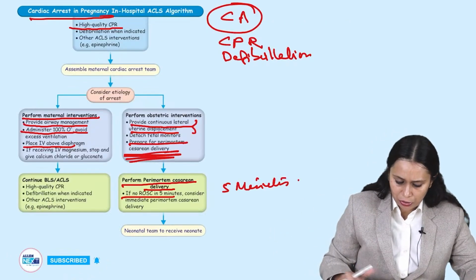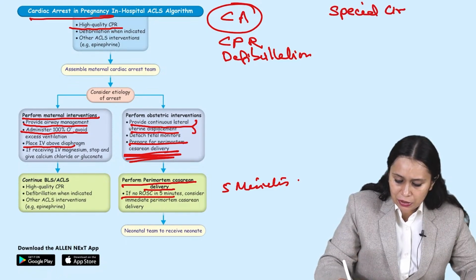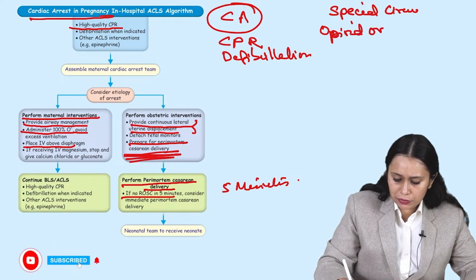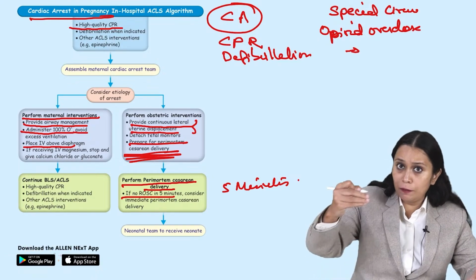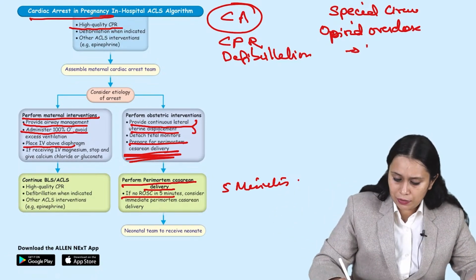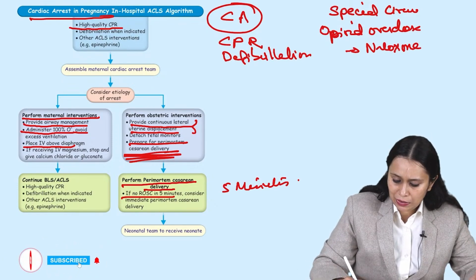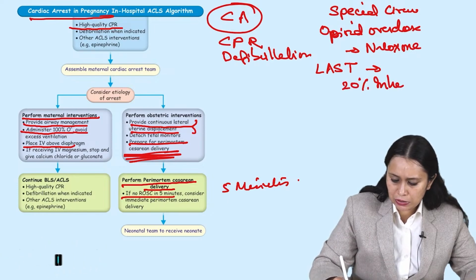So I talked about some special circumstances. Opioid overdose: what is extra? I'm only writing the extra apart from normal BLS and ACLS. Naloxone, as soon as possible. Then local anesthetic systemic toxicity resulting in cardiac arrest: apart from normal, 20% intralipid emulsion.